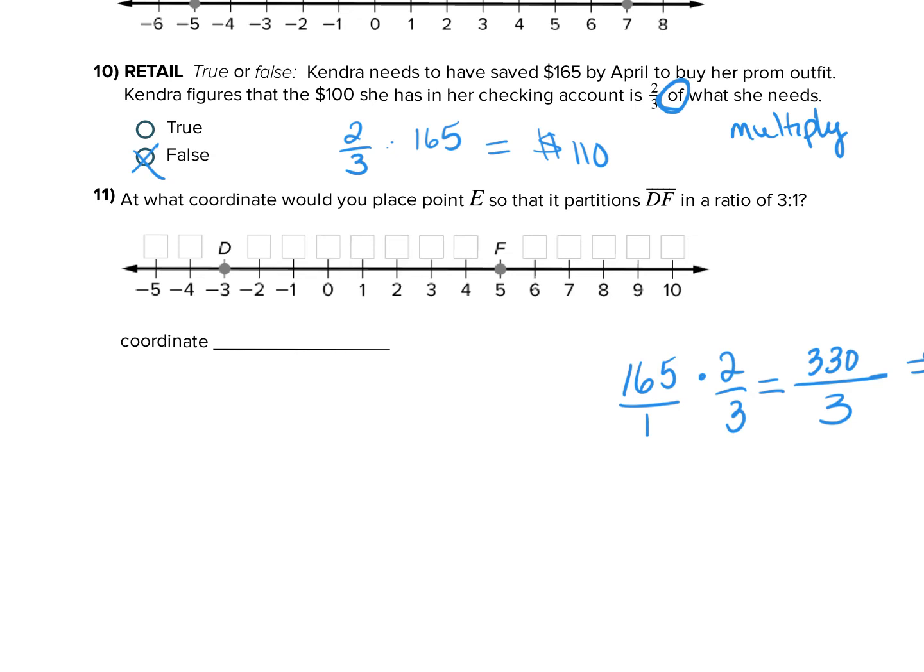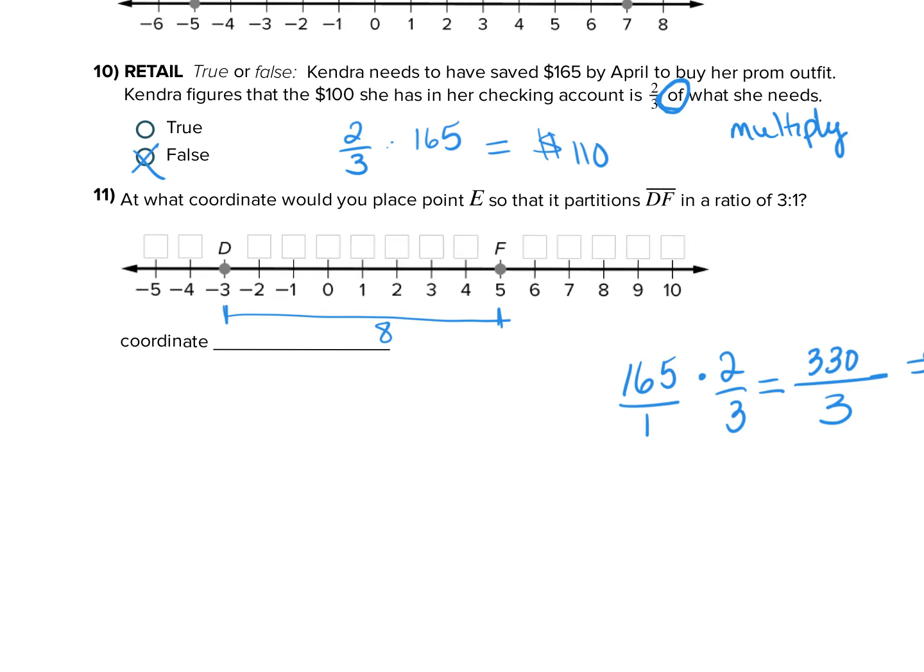So the first thing we need to do is find the length of DF. So DF goes from -3 to 5. Okay, so that is 8 units in length. And we have a 3:1 ratio.